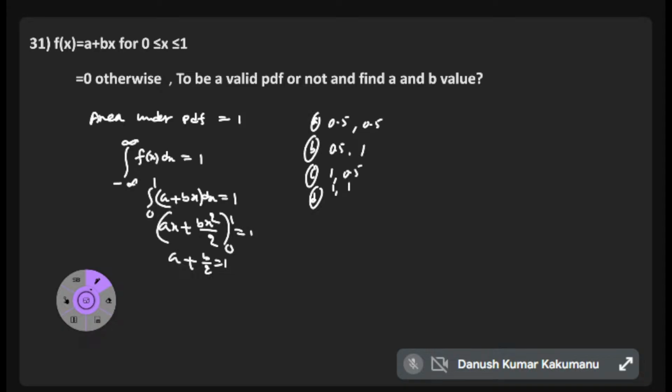Which option is correct? A is 0.5 and B is 1. Is it clear? What is the property we are applying? Area under the PDF is equal to 1. Are you understanding? Right. Coming to our next question.